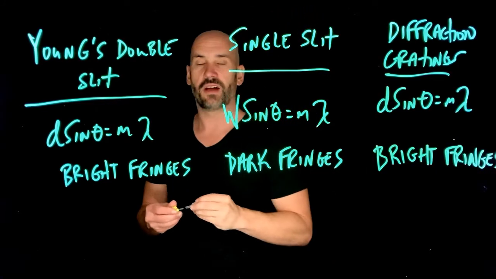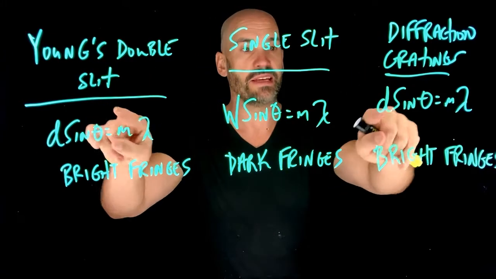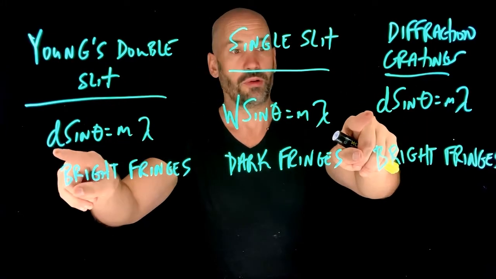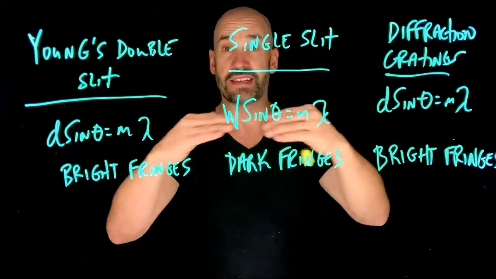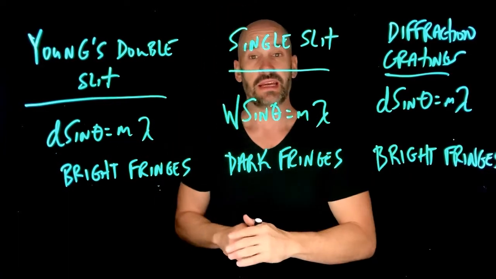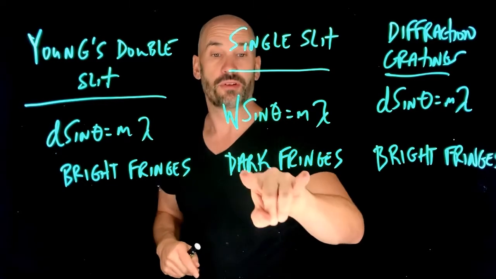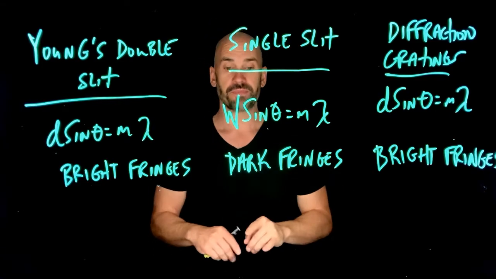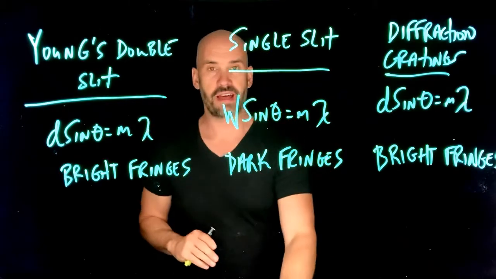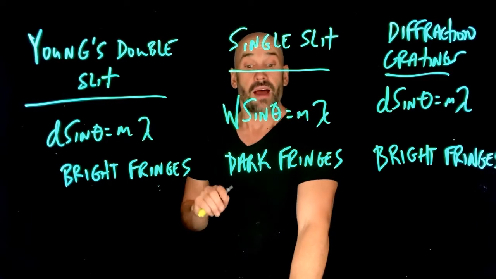So you see a pattern here: if the distance in the relationship is the distance between slits, you're looking for bright fringes. If this distance is the width of a slit, you're talking about dark fringes. All right, so I just wanted to clear that up. Hopefully that separates everything into its nice little neat categories.